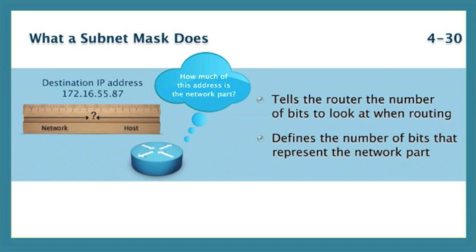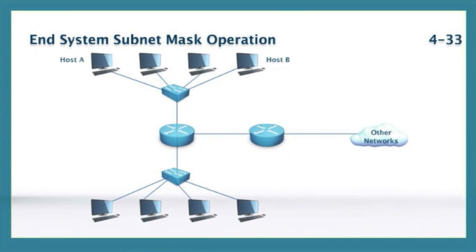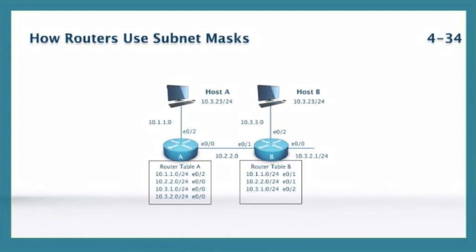So in TCP/IP networks, subnet masks identify the network portion of the address, and routers use subnet masks to figure out what is the street address for the delivery of information.